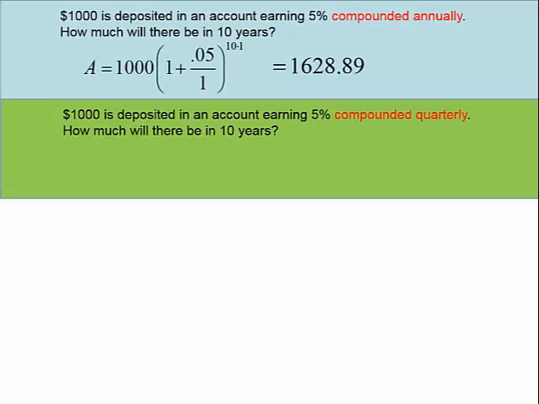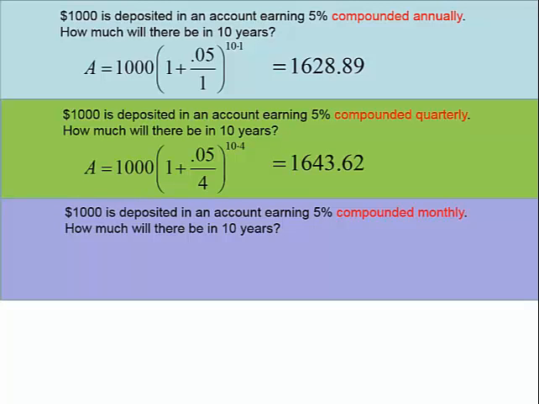Now, what if that same one was compounded quarterly instead of annually? Well, the only thing that would change in the formula is those ones would become fours. Typing that into the calculator, this is the sum of money. Notice that's about $15 more.